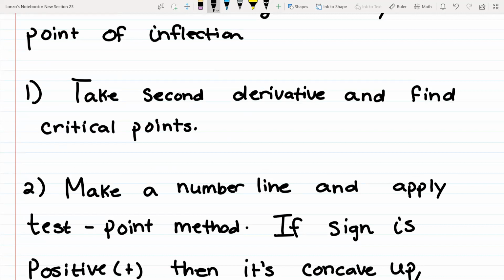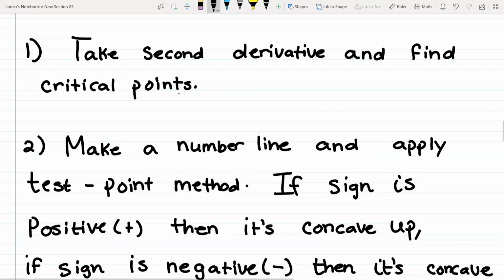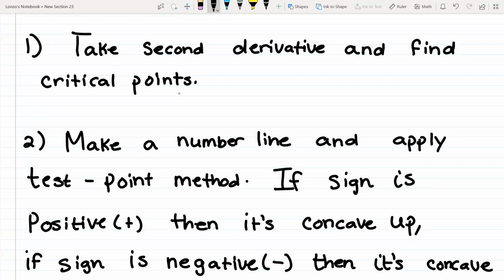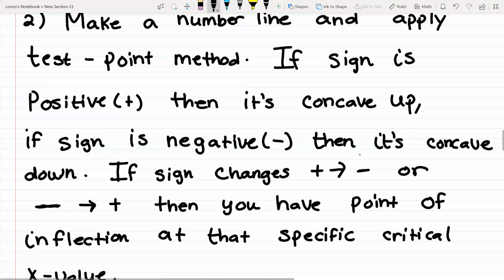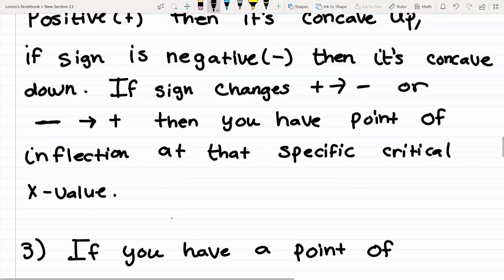And then just like where it was increasing, decreasing, we have to make a number line and apply the test point method. If the sign is positive, then it is concave up. If the sign is negative, then it's concave down. If the sign changes from positive to negative or negative to positive, then you have a point of inflection at that specific critical x value.